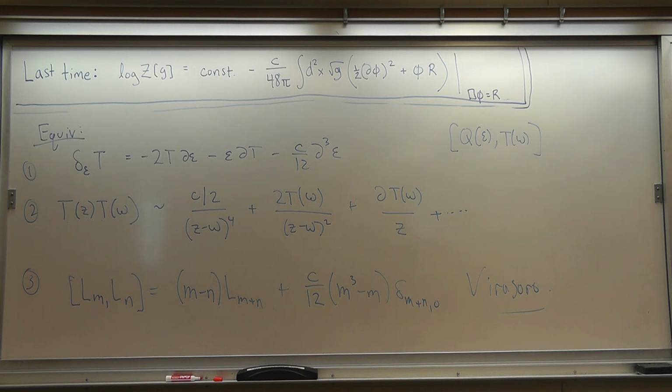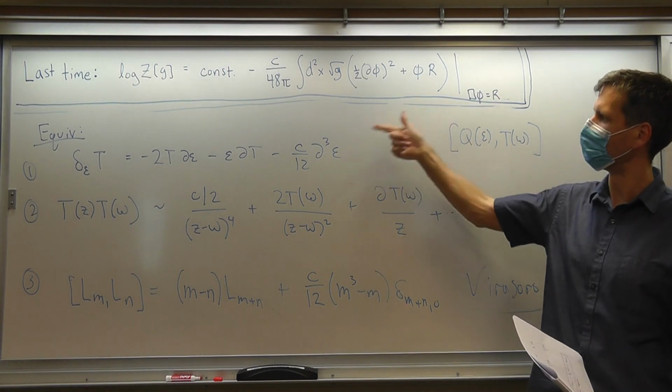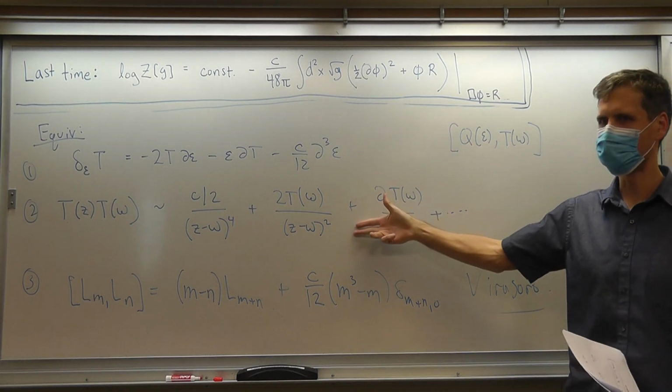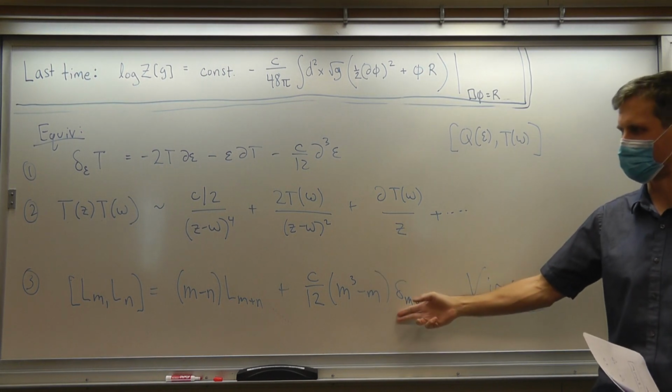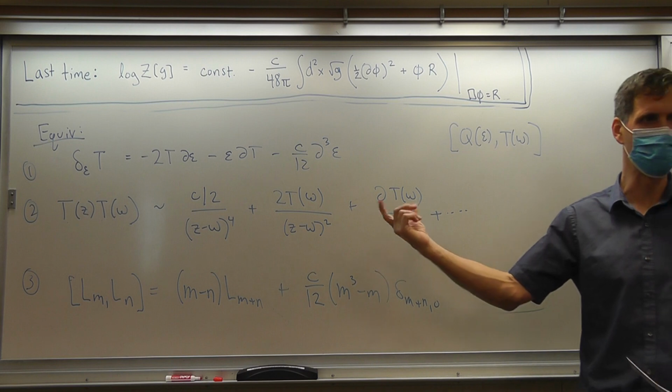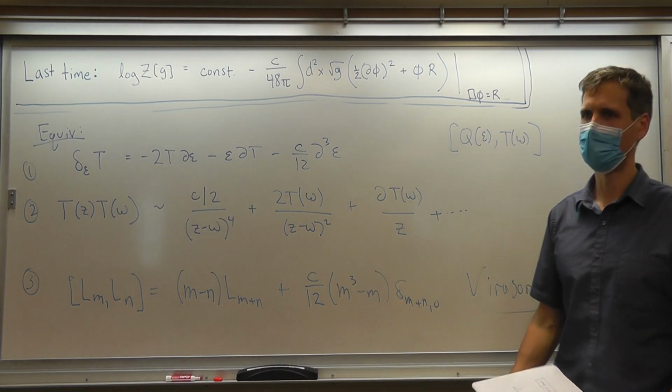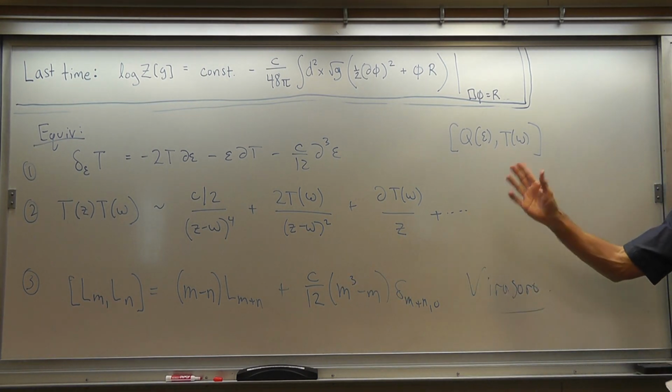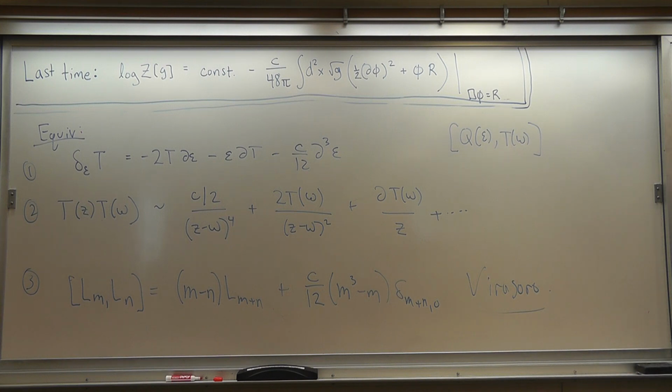These are all equivalent. You can talk about the conformal transformation of T, the finite one, the infinitesimal one, the short distance behavior of T with itself, or the algebra of the charges, which again is going to come from the short distance behavior of the two T's hitting each other. So all these things are just equivalent ways of describing conformal transformations of the stress tensor in 2 dimensions.